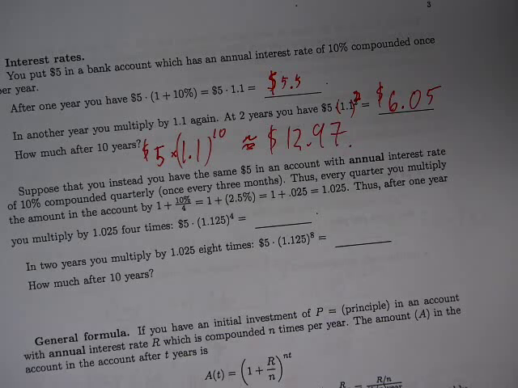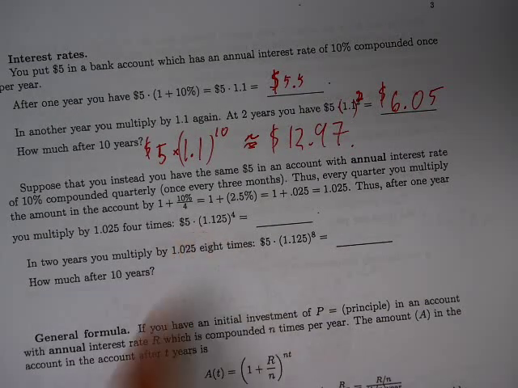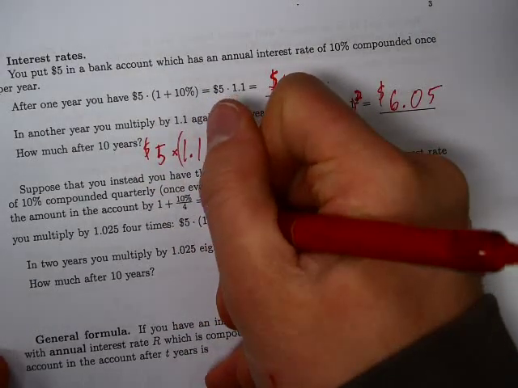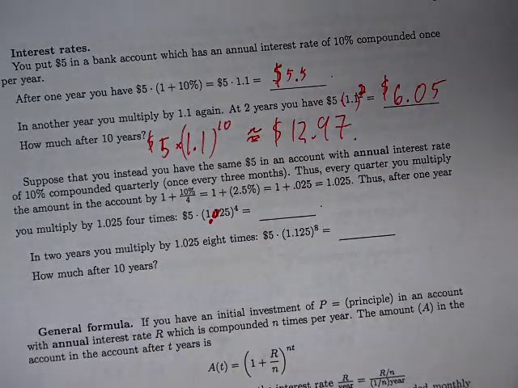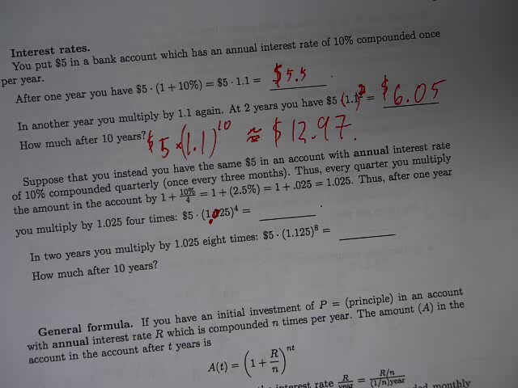So if you want the total value after 1 year, it will be $5 times 1.025. But you need to multiply by it 4 times, so you need to raise it to the power of 4. Suddenly that becomes outside of the realm of what's convenient to do by hand.